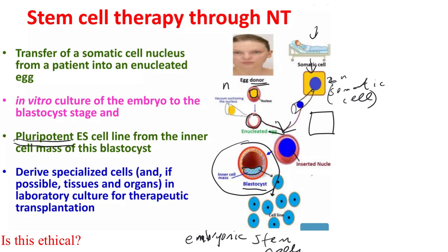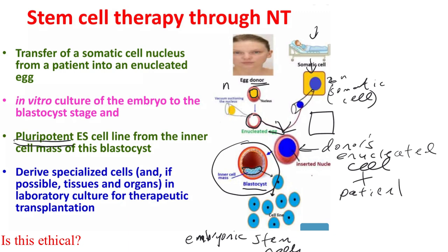So here we have the donor's enucleated egg, that means without its nucleus, plus the patient's nucleus that was taken out.